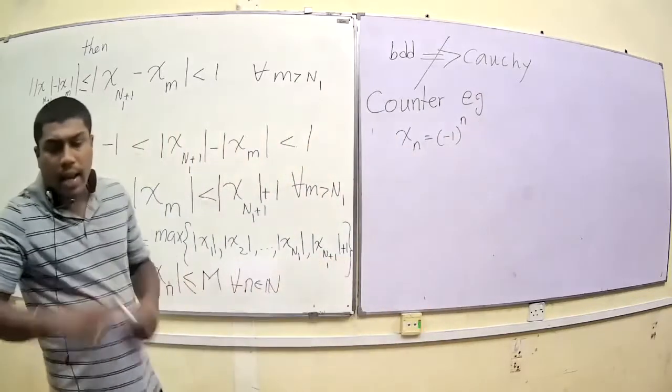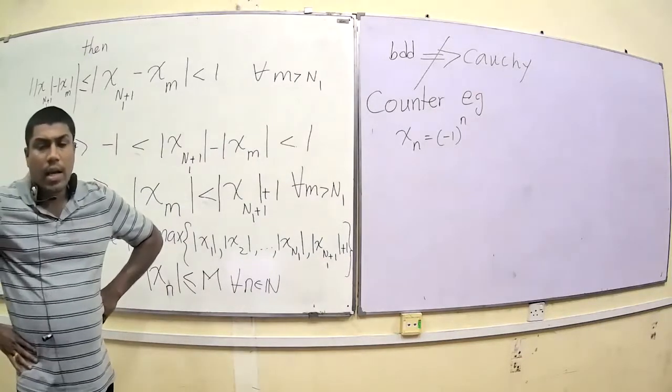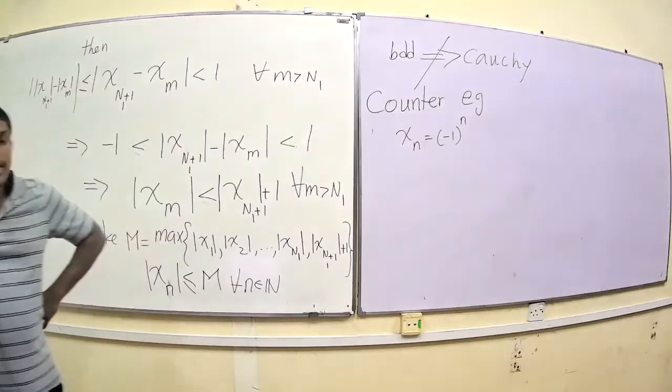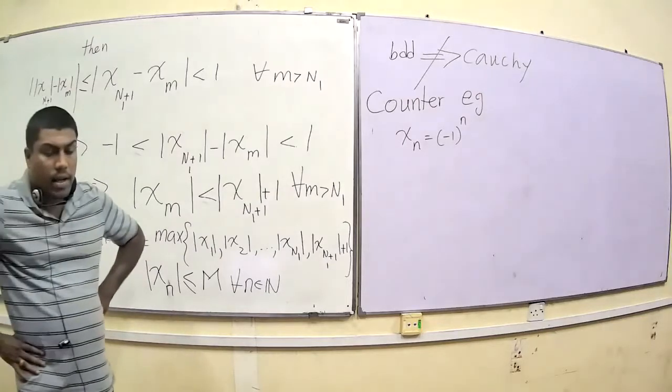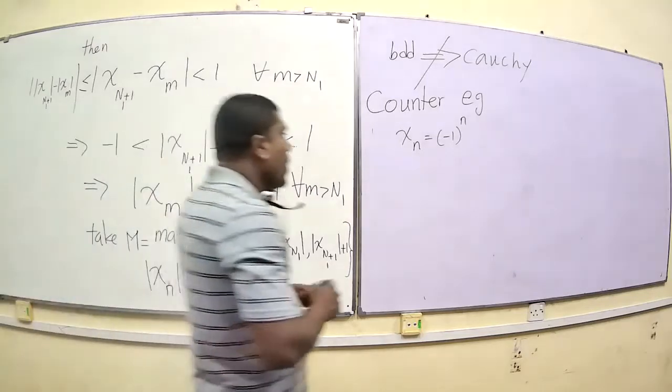So if I take xn as (-1)^n, this is a sequence. Then clearly this is a bounded sequence, because the absolute value of xn is less than or equal to 1.